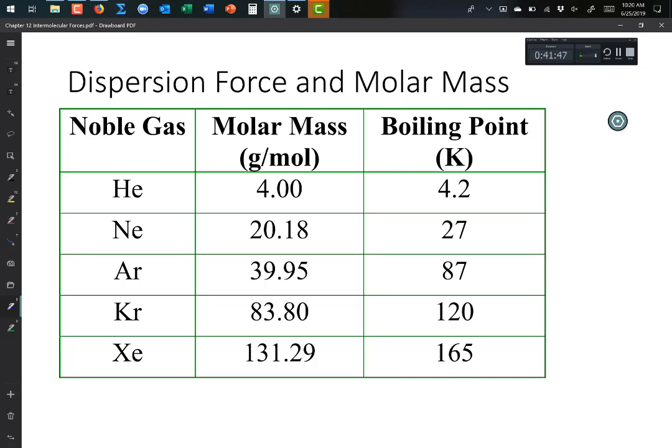Helium's boiling point is 4.2 degrees Kelvin. But xenon's is 165 degrees Kelvin. Even though that's still really cold, because induced dipoles are a very weak intermolecular force, it's much higher than helium's. So why did that happen? The trend is because as the molar mass increases, the induced dipole increases, so you have a stronger force of attraction here.